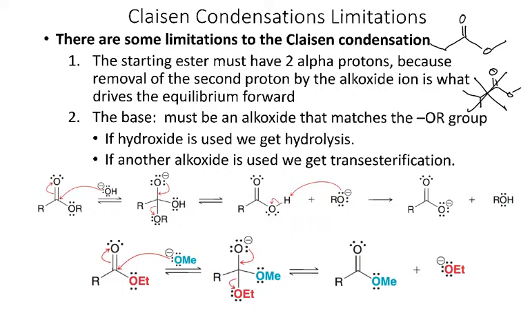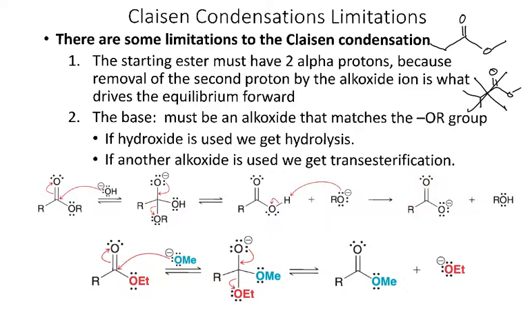The second limitation is the choice of the base. We have to use a very specific base: the alkoxide ion must match the OR group on the ester. If we use hydroxide, then we're going to get a saponification reaction that we saw last chapter, converting our ester into a carboxylic acid, and then in the basic conditions, a carboxylate ion, which is not going to be able to undergo a Claisen condensation.